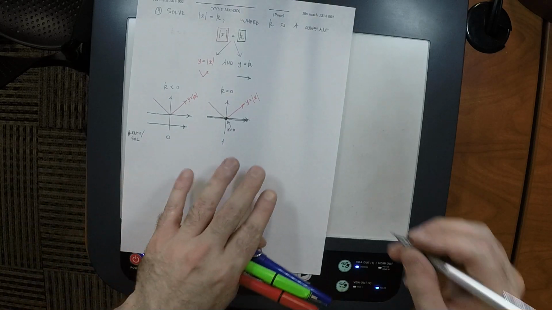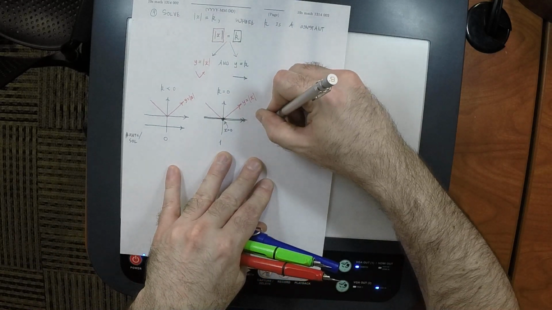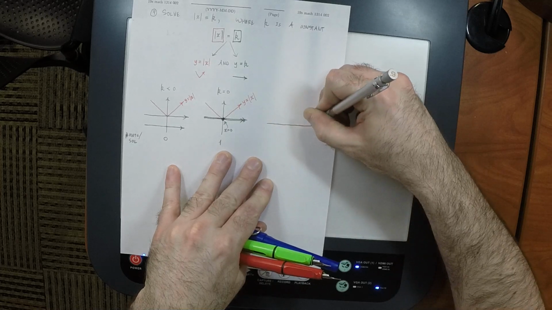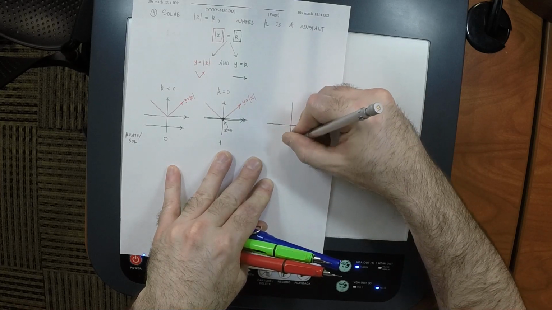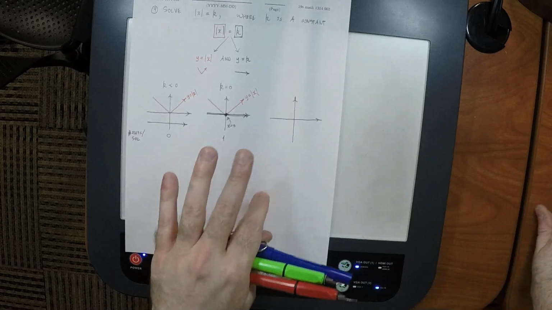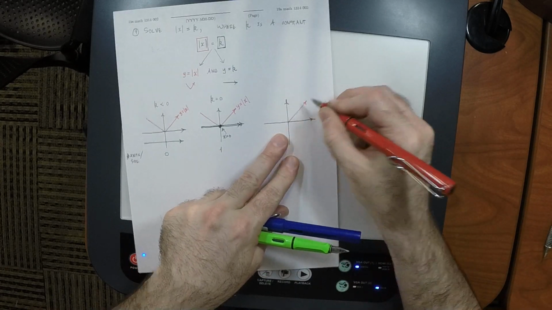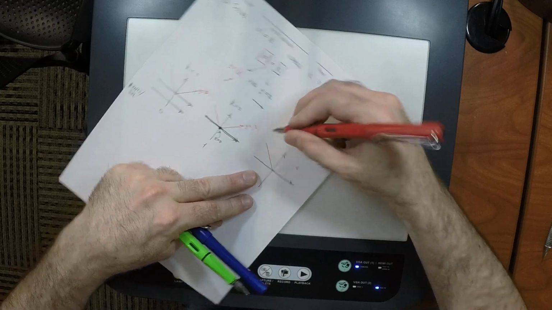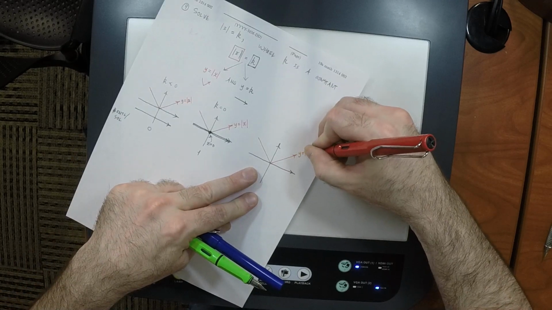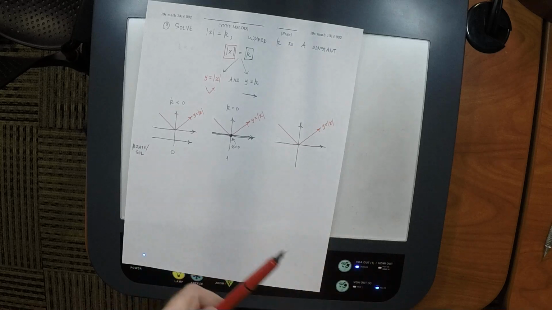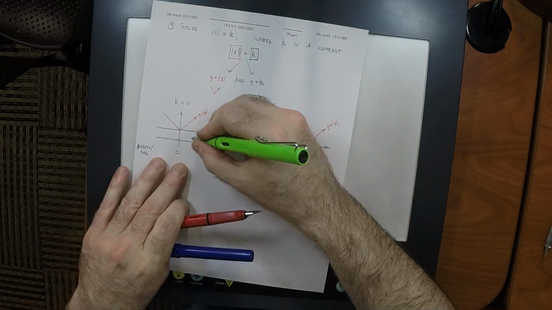All right. Finally, again, we have absolute value and a green line.